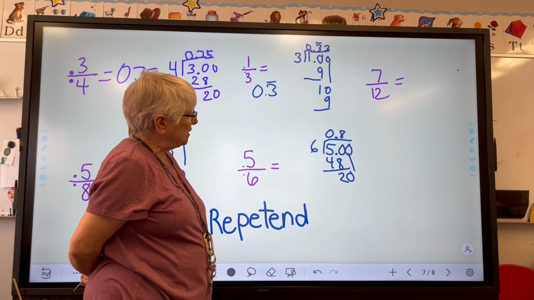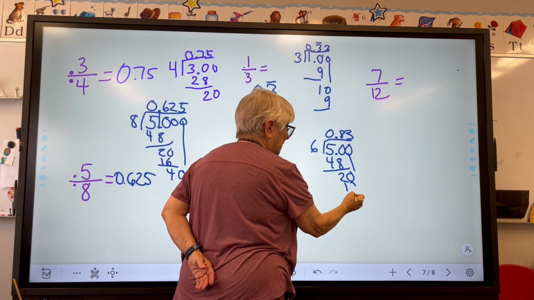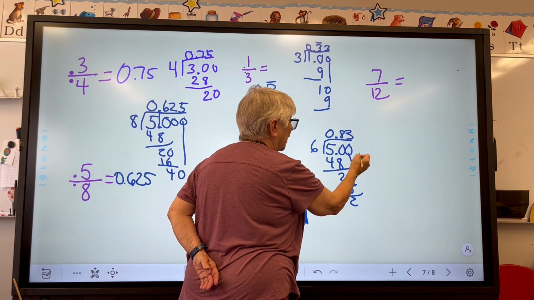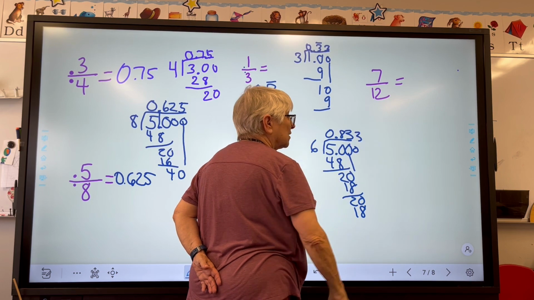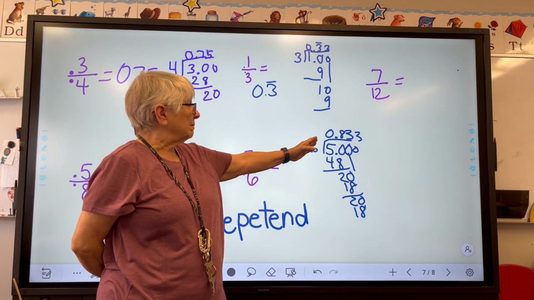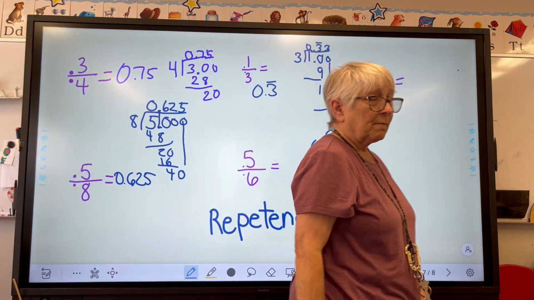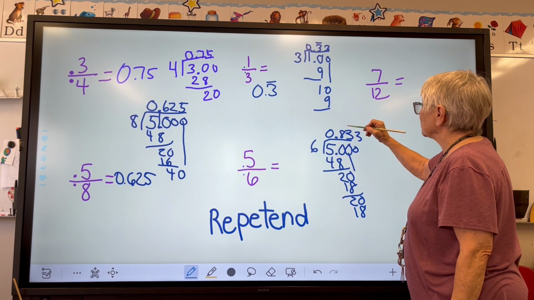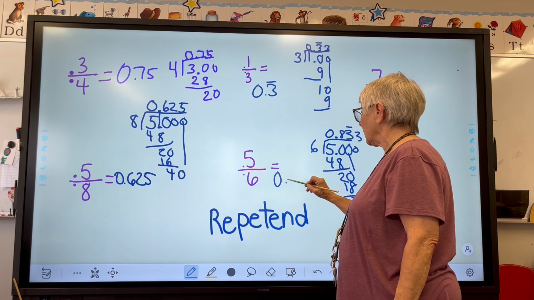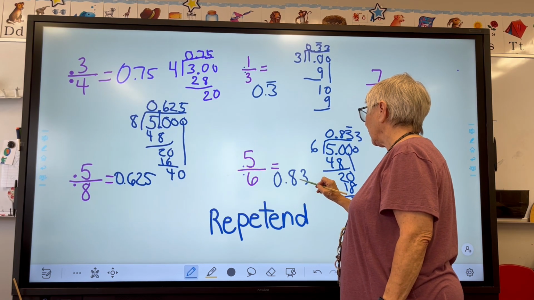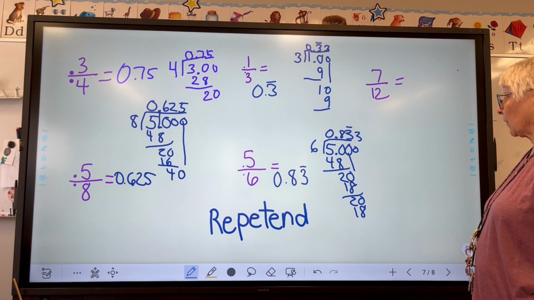Does 6 go into 20? Yes, it goes in there 3 times. And that's 18. And that's 2. I add the 0. And that's 18. And this is a 3. So, does the 8 repeat? No, there's just 1 8. But the 3 is repeating. So it has a line over it. So this one is 0.83, and the line goes only over the 3.